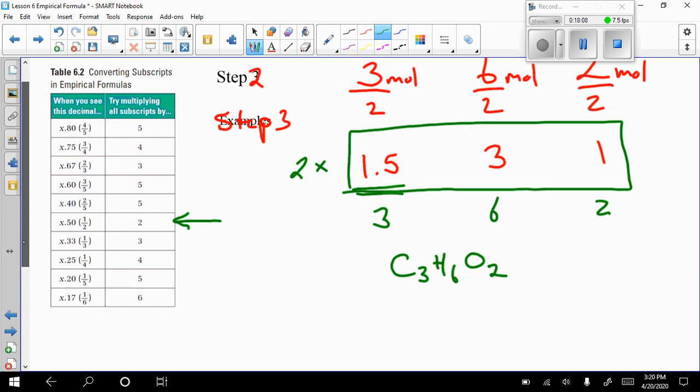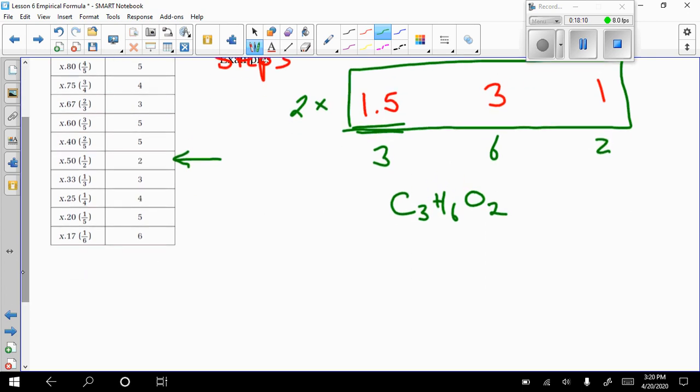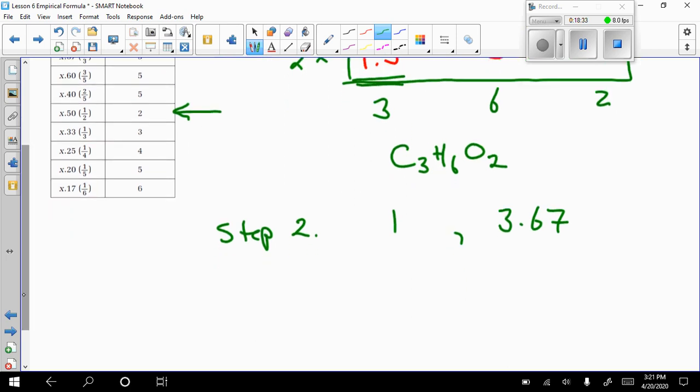Let me give you another example of that. Let's say that when you did step 2, you ended up with the following moles: 1 and 3.67. Once you've looked at those, you go, well, I can't round this to 4.